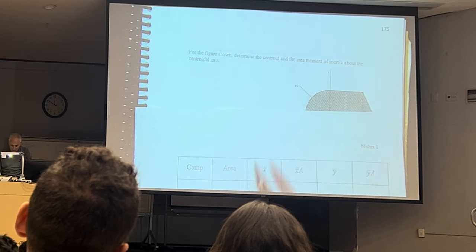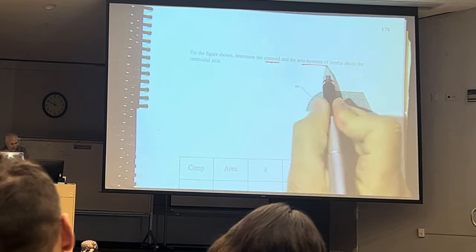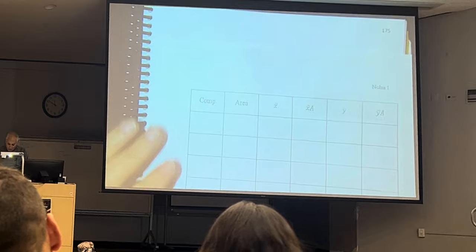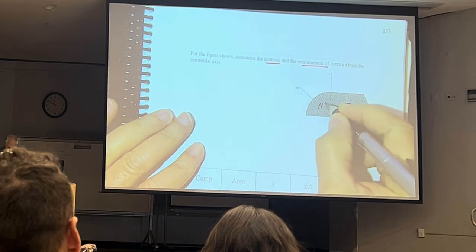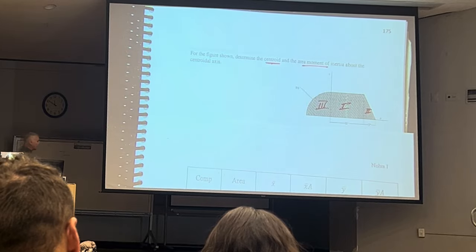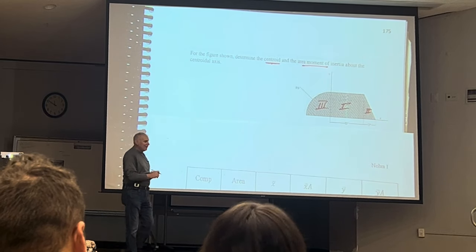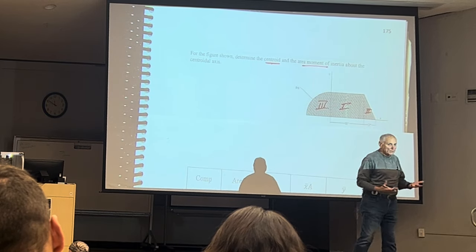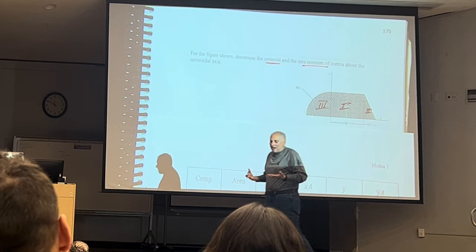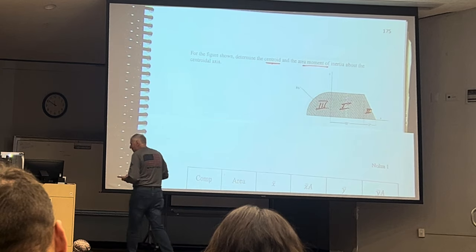And we're going to do this one by doing the centroid and the area moment of inertia. So we're going to do this by saying, hey, this is area 1, area 2, and area 3. I've already told you that on the test, it's 3 areas or 4. I usually don't go beyond 4. I haven't made the test up, so I don't know if it's 3 or 4 yet, because I haven't made the thing up.